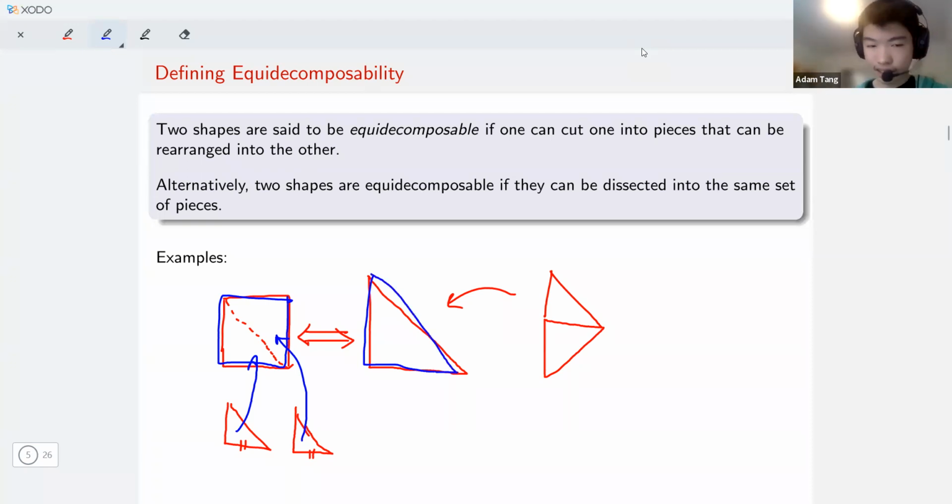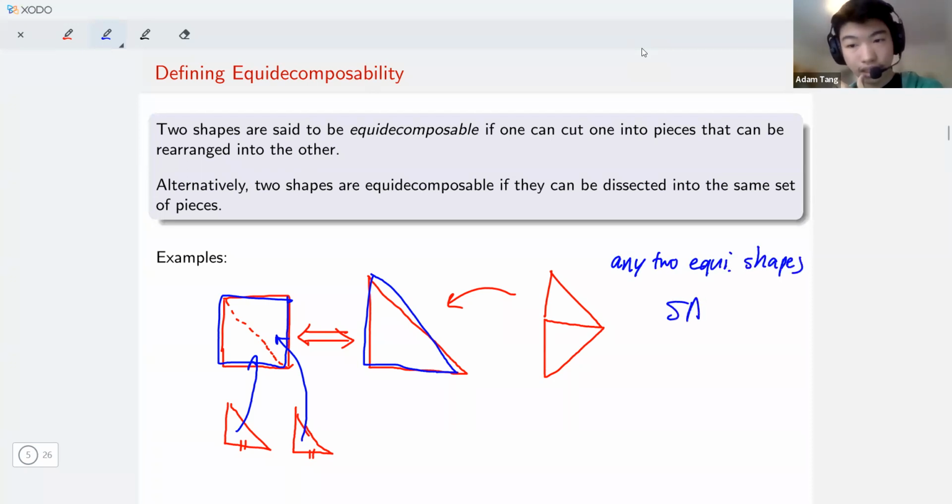So it turns out from this observation that any two equidecomposable shapes have the same area, right? There's no way to decompose a shape into some pieces and end up with a shape of a different area, because all the pieces always sum to the same area.